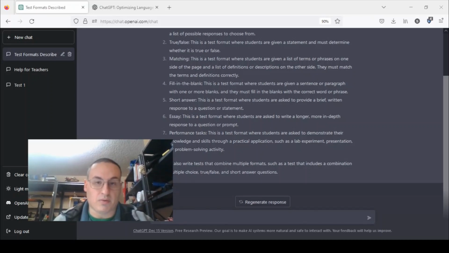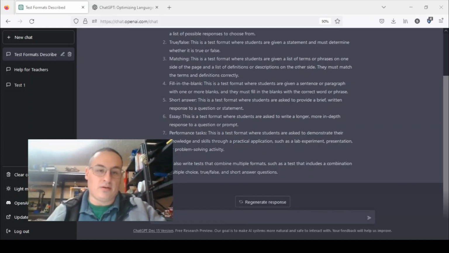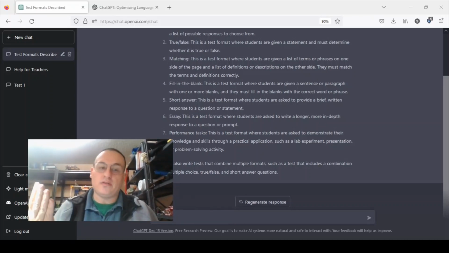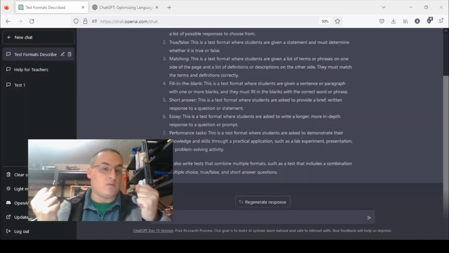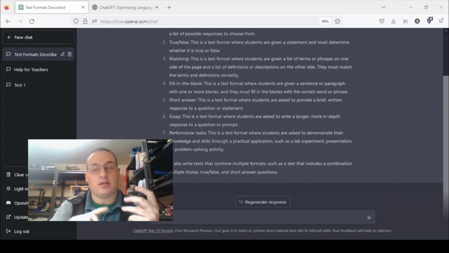Never just administer it blind. And if you plan to use this, use it from the start of the lesson all the way through to the end, because if you change the style on your students or change the type of questions, then that's going to create a lot of issues. So use this for a pre-test, post-test.